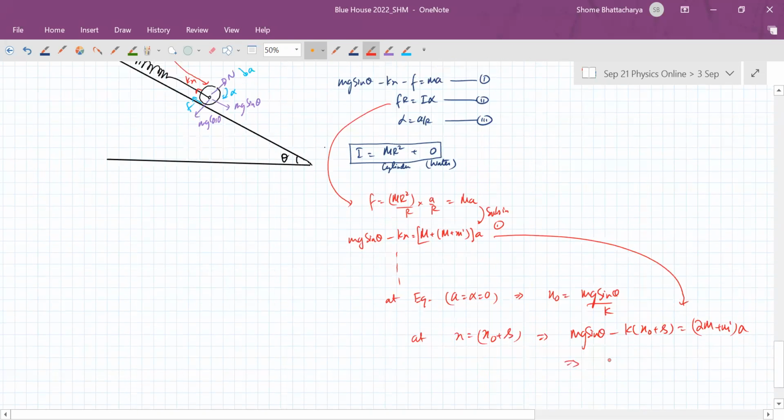So this becomes minus ks is equal to 2M plus m prime into d2s by dt square.